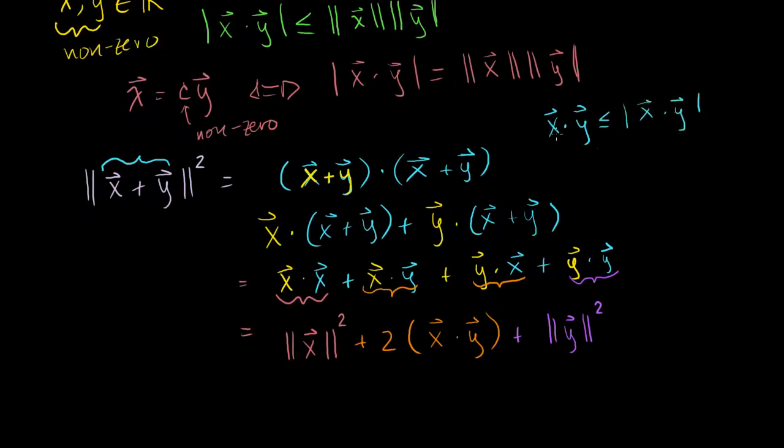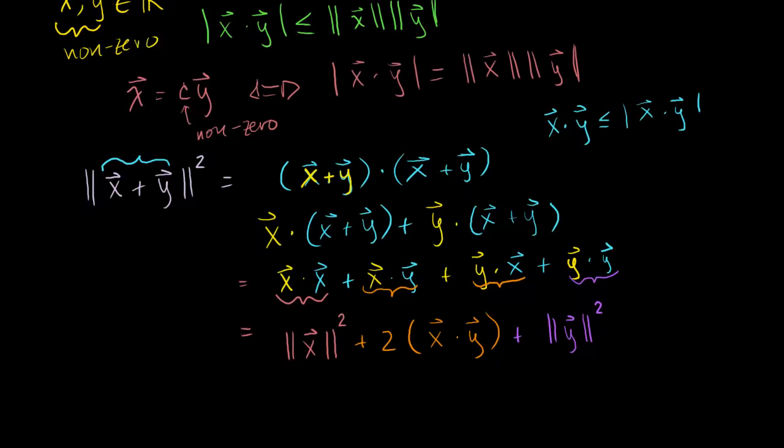Well, this could be negative. In fact, if x has all positive terms and y has all negative terms, you're going to have a negative dot product. So this could be negative, or it could be positive. If it's positive, they're equal to each other. If this is negative, then the absolute value is definitely going to be greater than it.